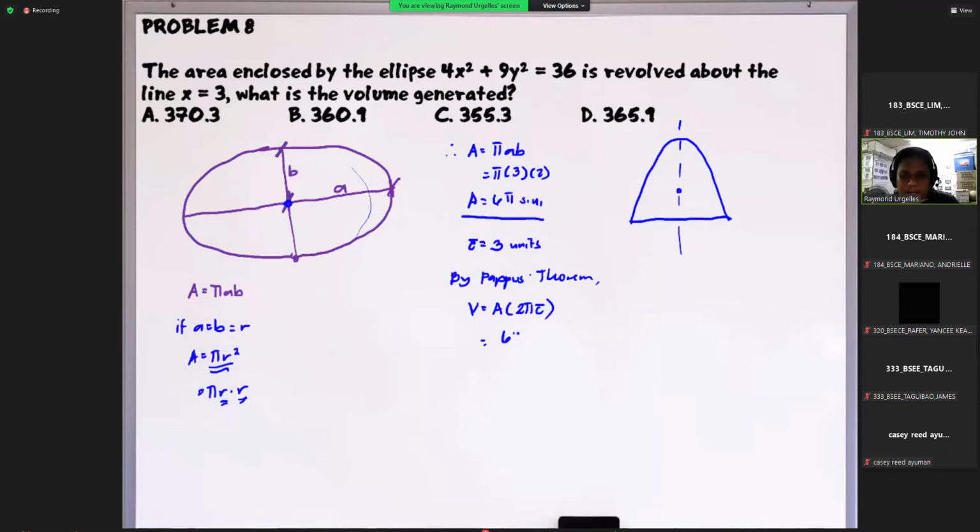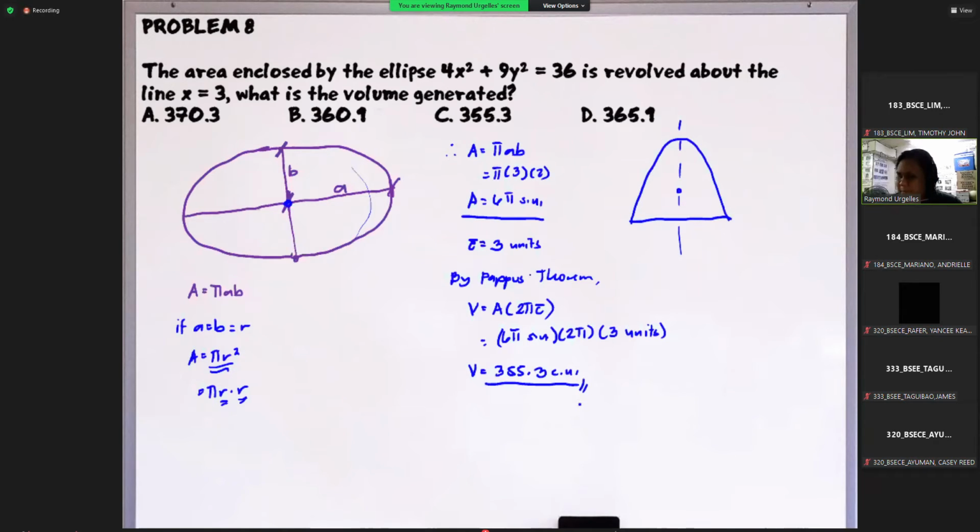So we have 6 pi square units multiplied by 2 pi multiplied by 3 units. So we have 355.3 cubic units.